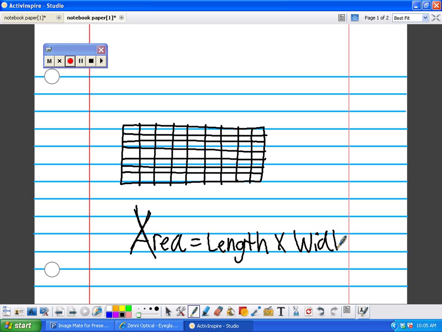Now, I can count 1, 2, 3, 4, 5, 6, 7. Label. Put my times sign. 1, 2, 3, 4, 5, 6, 7, 8, 9. Now, what if I do this?